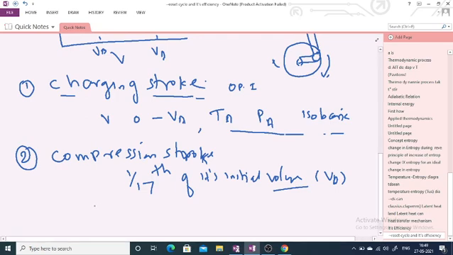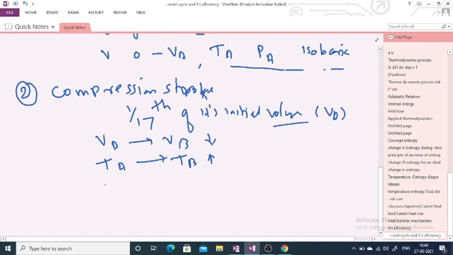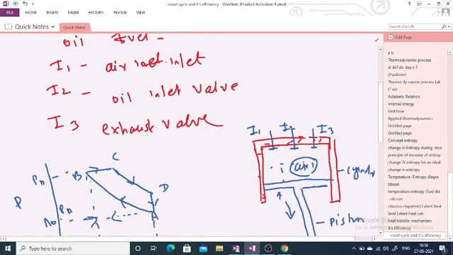The volume decreases from VA to VB. With adiabatic compression, the temperature increases from TA to TB. Temperature increases, volume decreases, so pressure increases. The process is adiabatic compression, and this change of state is represented by the curve AB.